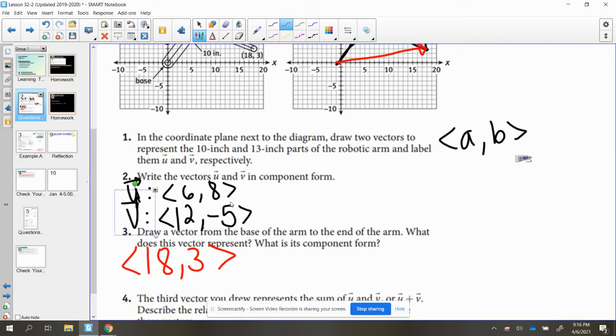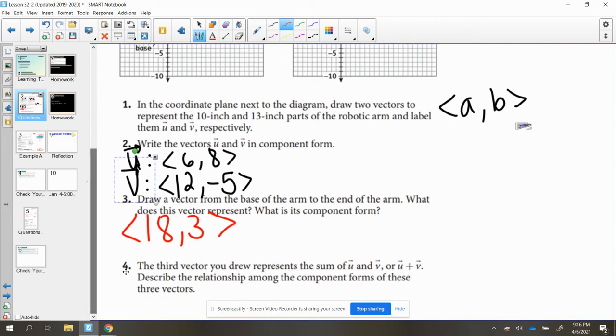What you might notice between our newly created component form and U and V is that these are added together. So U and V together is the sum of the A components and then the sum of the B components to get our final new answer.